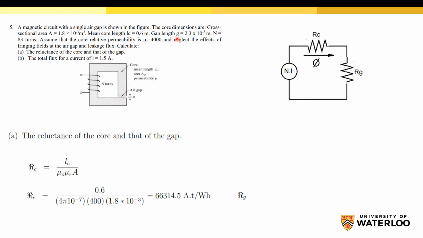We have the length of the air gap, it's given, and it's the same cross-section area, because we are neglecting the fringing effect. So we know the length and the area, so we can calculate the reluctance for the air gap.